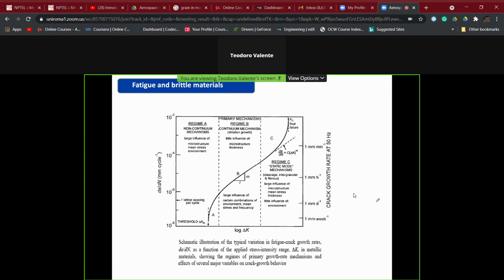Again, the three stages: regime A, based on non-continuum mechanics, where we do have a large influence of microstructure, mean stress and environment. Then B, which is the area in which, as you can see here for metallic alloys, we can use the Paris law, excluding, as we have said, the initial part and the final part, where the Paris law underestimates the crack propagation rate.